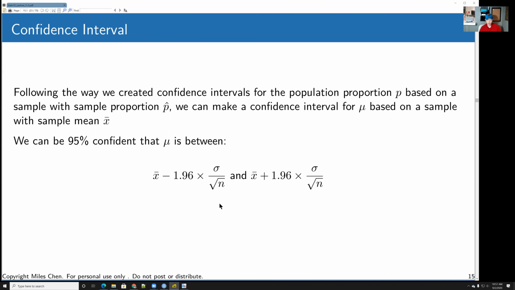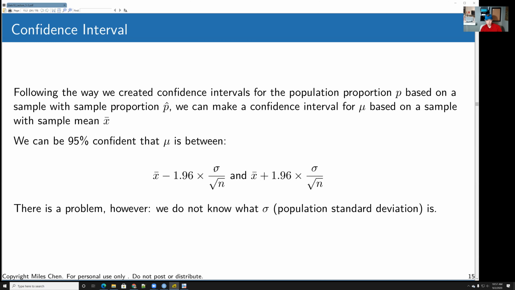However, there's an issue with setting up our confidence interval this way, and that is that this value, sigma, the standard deviation of the population, is unknown to us. If we knew what the standard deviation of the population is, then this is fine. But in general, I can't think of any real life scenario where we do, because the whole idea of this confidence interval is that we don't know the properties or the parameters of the population.